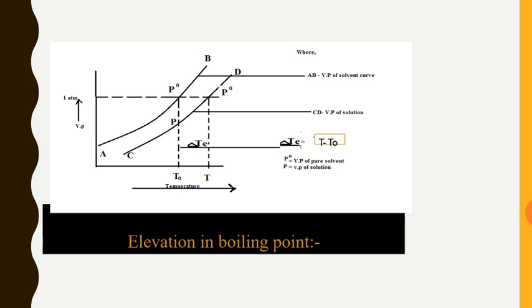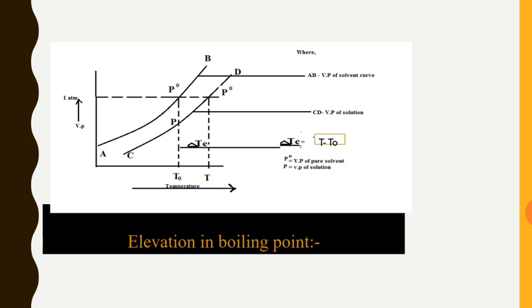Student, we have already discussed P0 is the vapor pressure of the pure solvent, and P is the vapor pressure of the solution. So, delta T is given by the formula T minus T0.